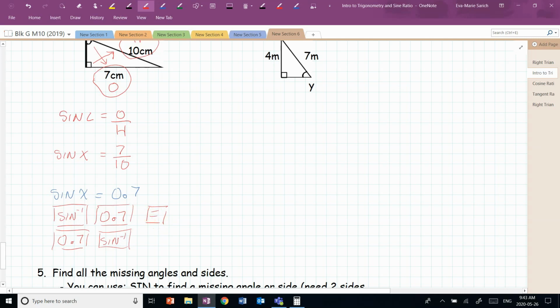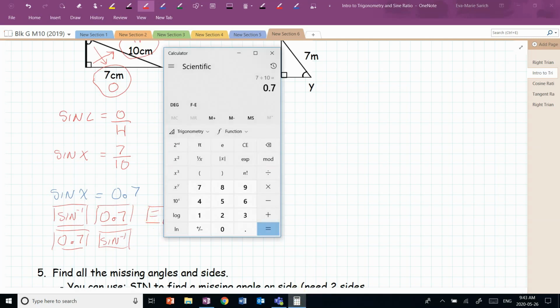So now go to my calculator. We've got 0.7 in there. The trigonometric function, now I'm looking for sine -1. I have to push the second function, okay?